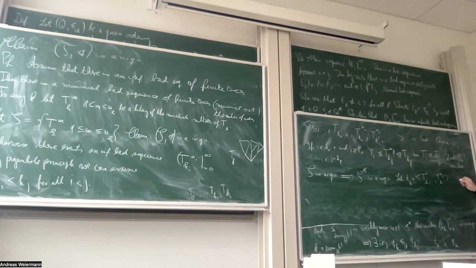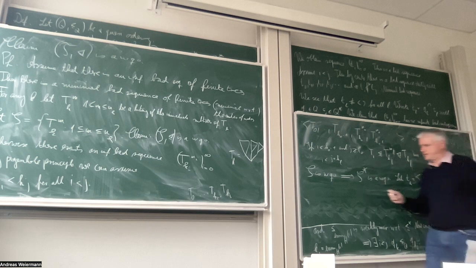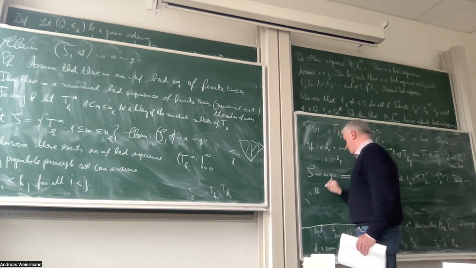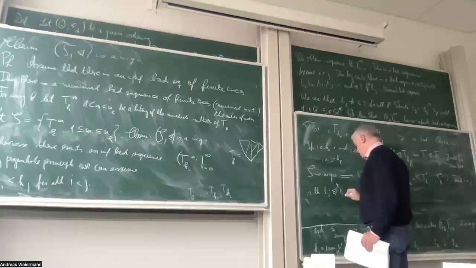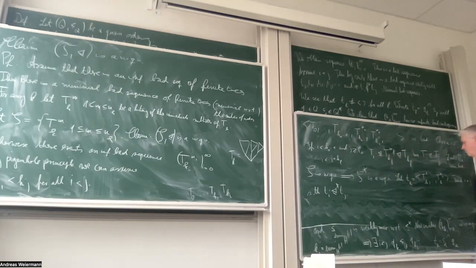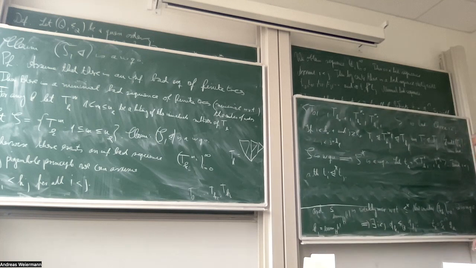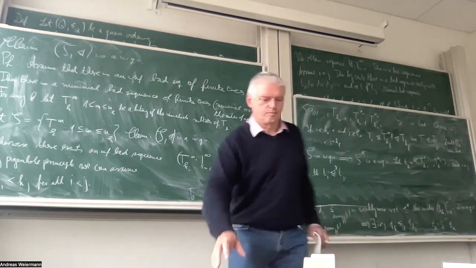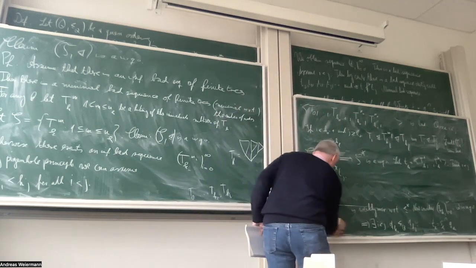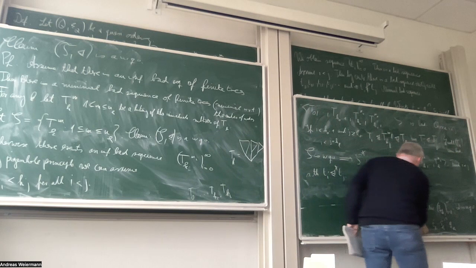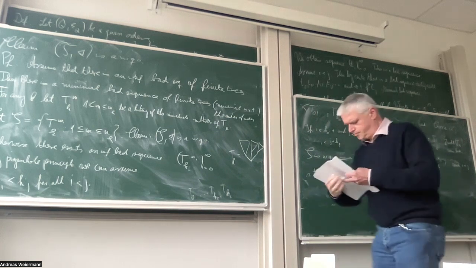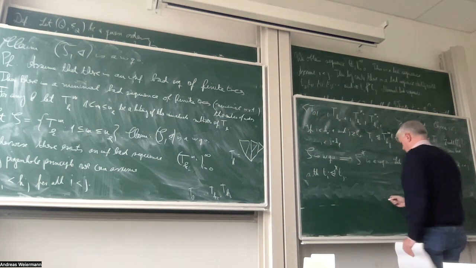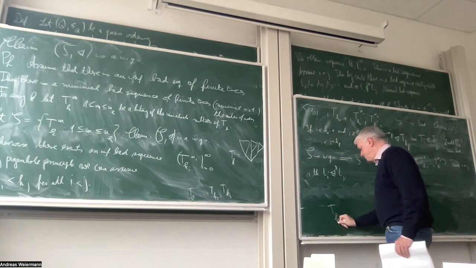This is the quasi order. So find I less than J such that I is less than or equal to star J. So what? Well, consider here we have TK.